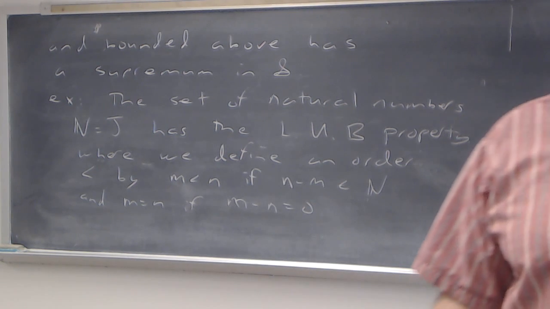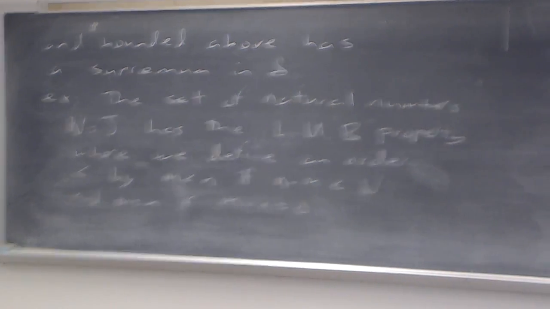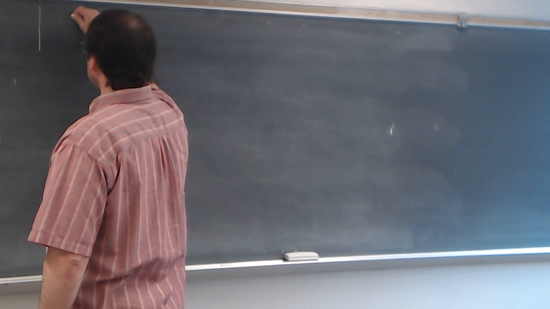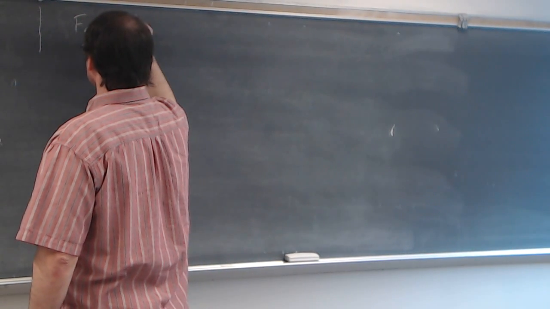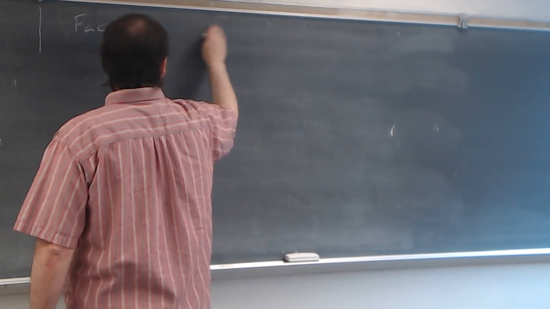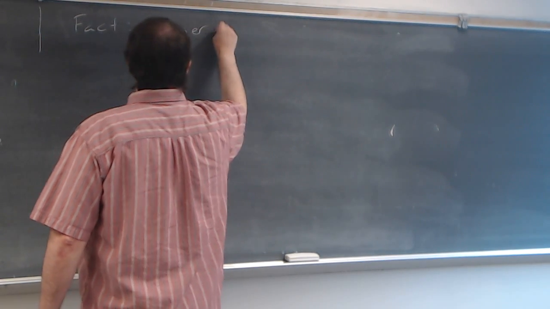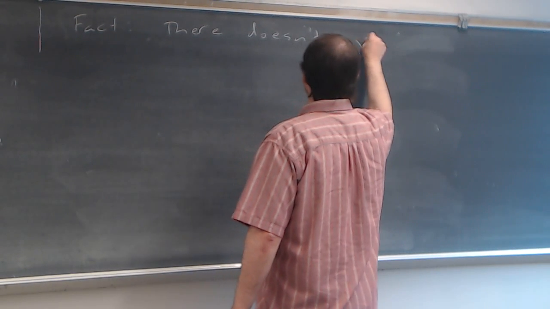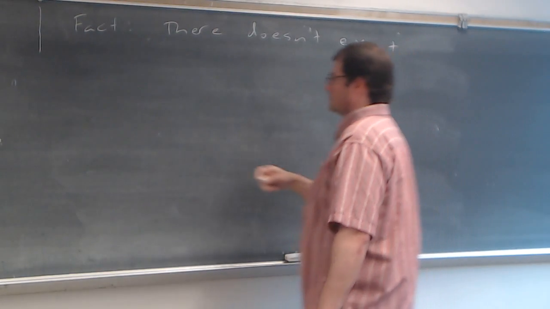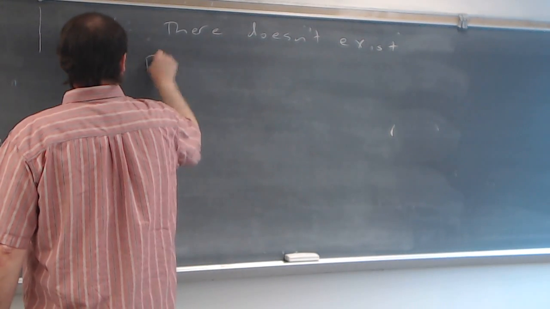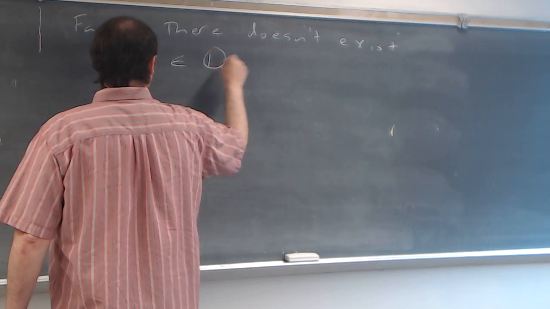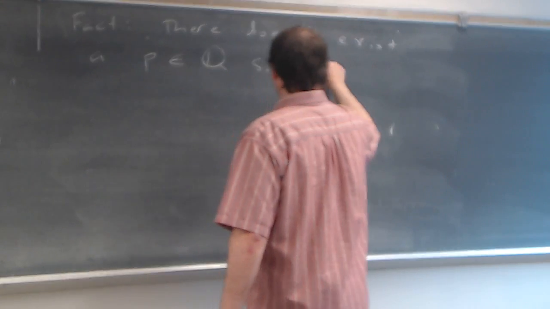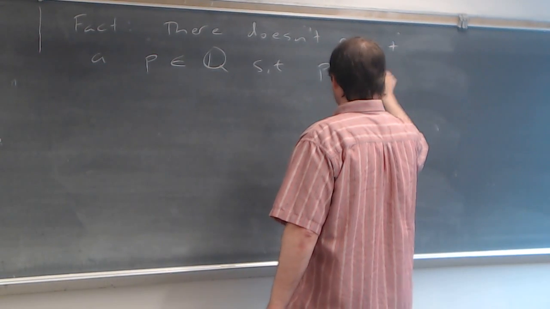And I want to prove this by looking at a few facts, okay? So here's a fact: there doesn't exist a p, an element of the rational numbers, such that p squared is equal to 2.